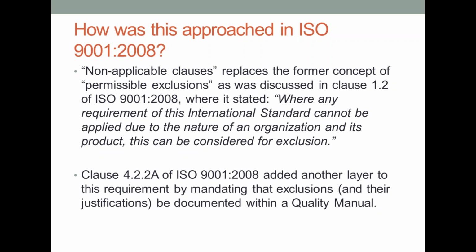Now, the standard went on to say in section 4.2.2a that it was mandatory that an organization document their exclusions and the related justifications within the context of their quality manual. Quality manual, of course, was mandatory in ISO 9001-2008. It has now become an optional item in ISO 9001-2015.